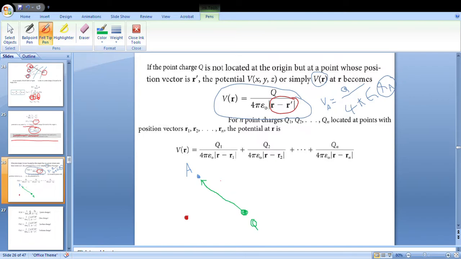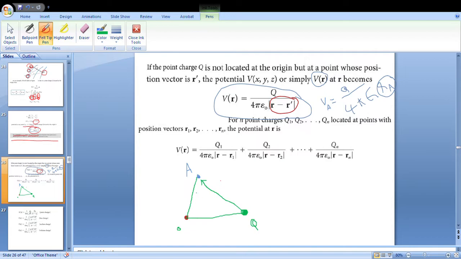Now please listen to this properly. In the earlier case, we had placed this Q itself at the origin, so we got the position vector of A directly, right? Now that is not the case. The origin is here. So first we need to obtain the position vector of this one, and then the position vector of this one, right?